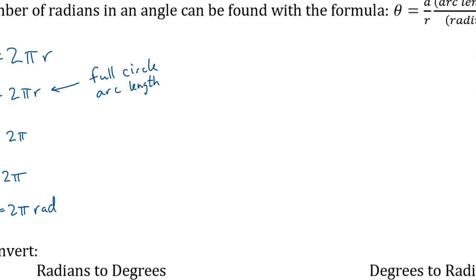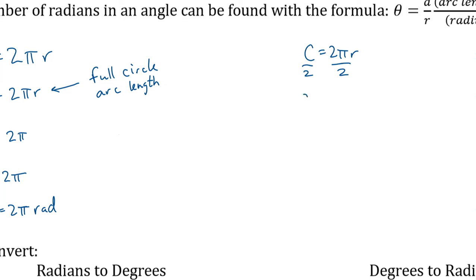Okay, let's do another one. So if I start with C equals 2 pi r, but if I only want a half circle, what am I going to do? Divide both sides by 2. So these 2's are going to divide out to 1.